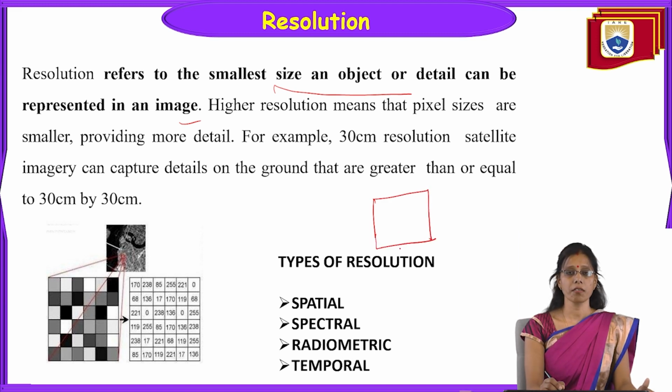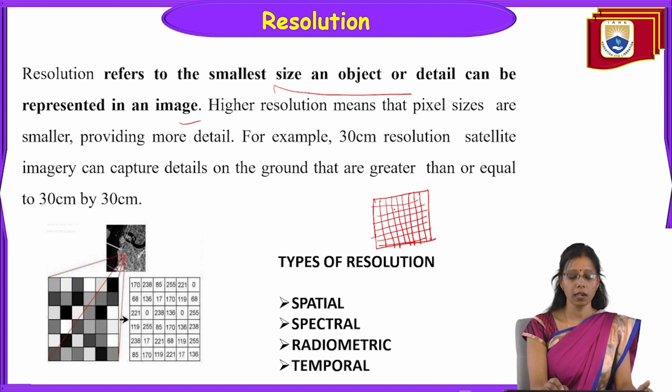A digital image has a number of pixels, and combined together they form the image. As the pixels are more closely spaced, the resolution will be higher. So if the pixels are like this, then the resolution will be higher.